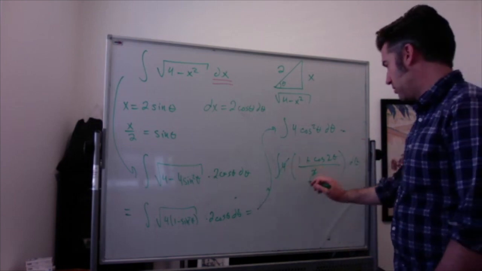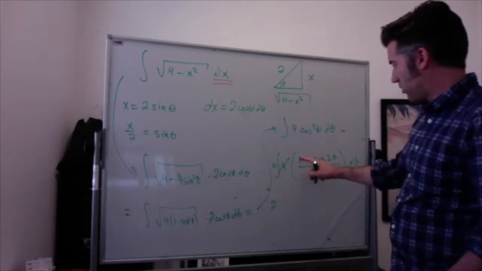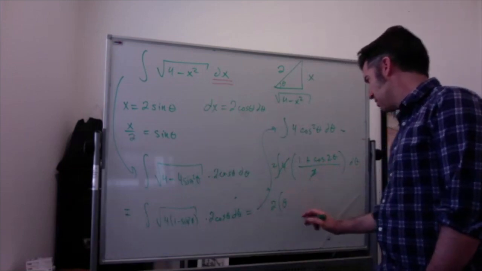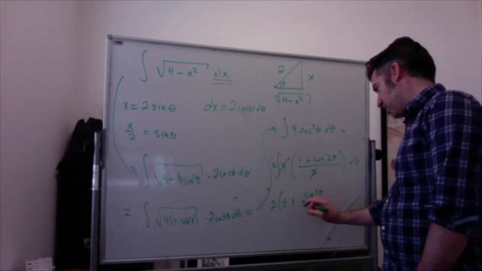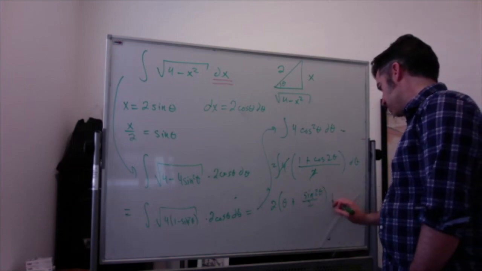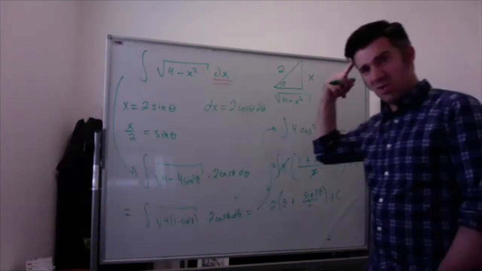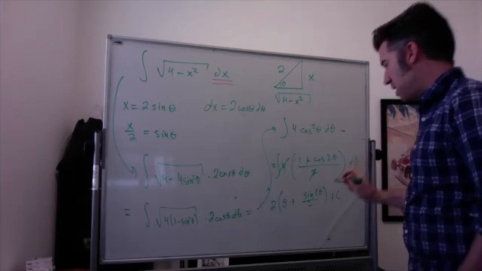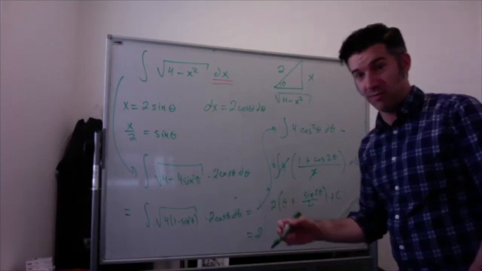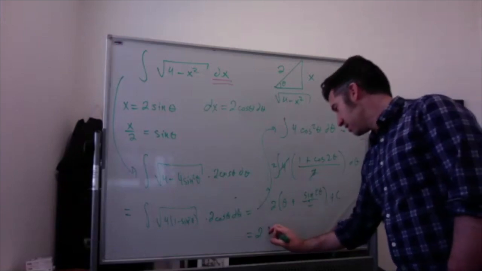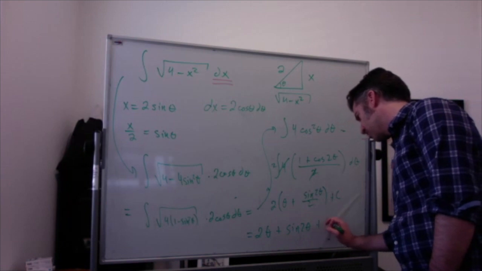Cancel a 2 here and a 2 here. So then I've got 2, integral of 1 is theta, integral of cosine 2 theta is sine 2 theta all over 2, plus c. Oh no. So my almost answer is 2 theta plus sine of 2 theta.